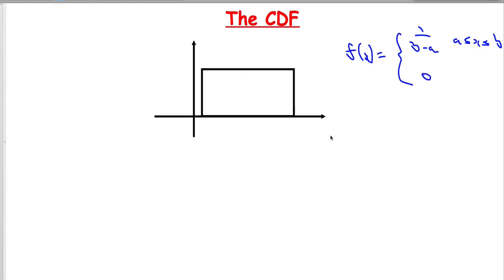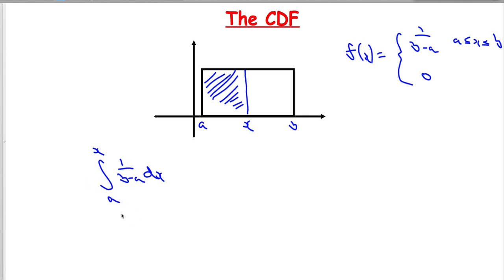So suppose that's b there and that's a, and call this x. If I want to know the probability up as far as x, what I need to do is integrate 1 over b minus a dx between a and x.